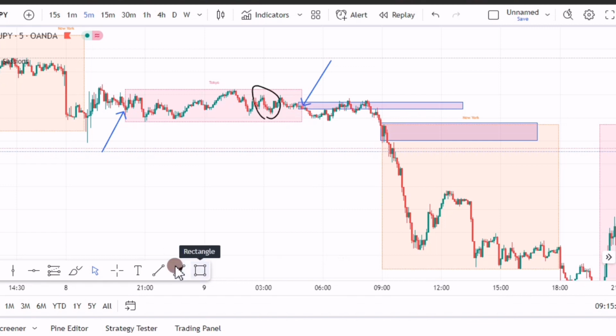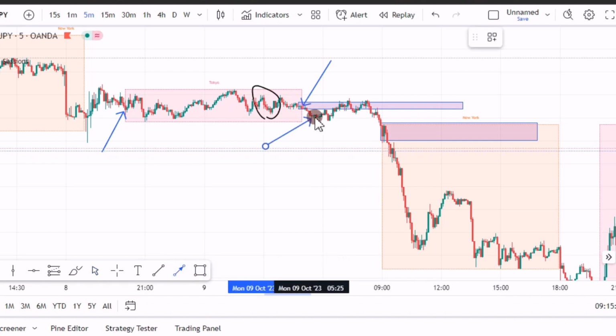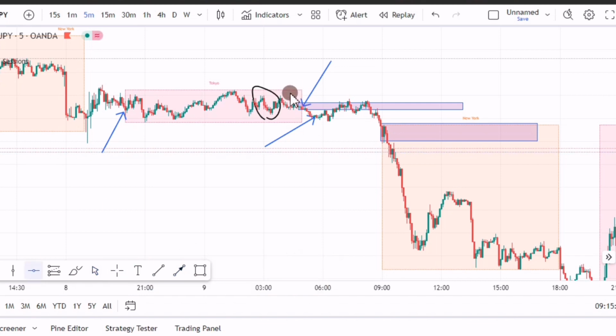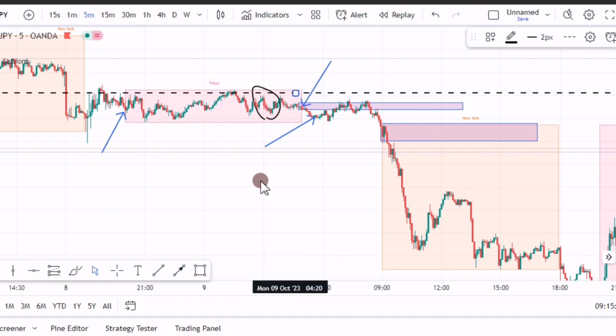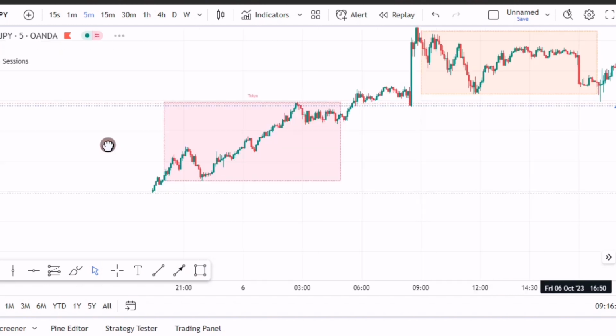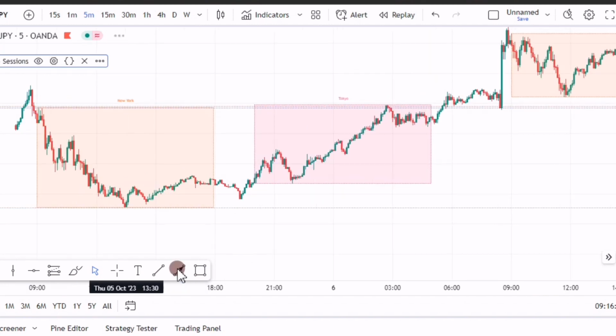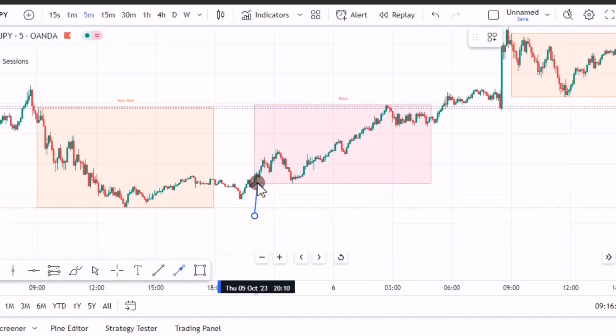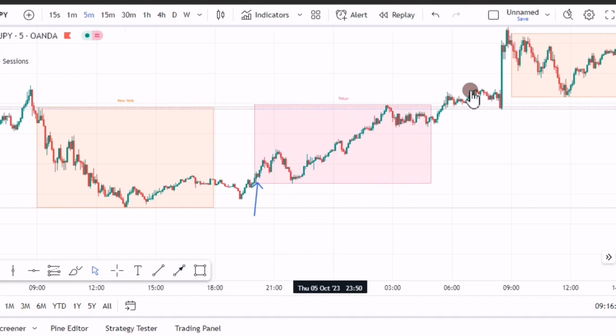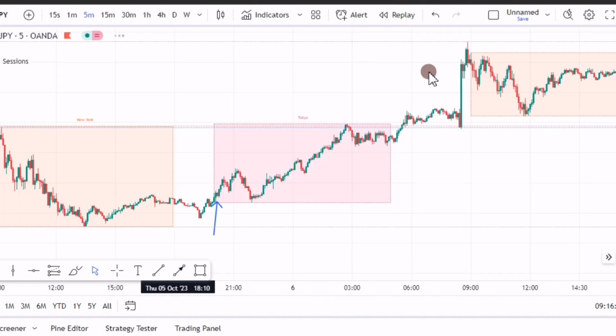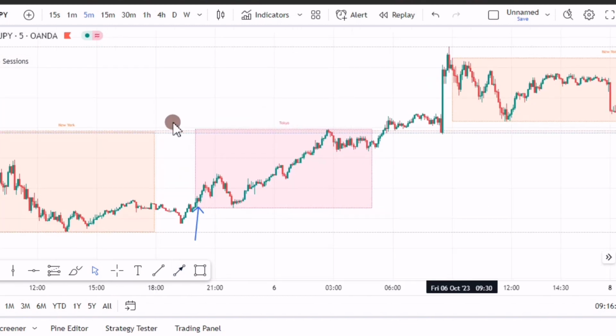And then you would have taken a sell trade because price started by closing below. You would put your stop loss somewhere there. So let's take it from here. You start from the opening of the Tokyo session. It was a win before you even got to the New York session.